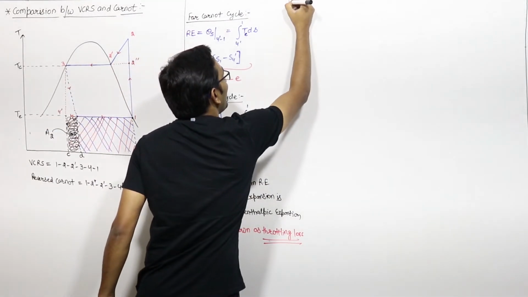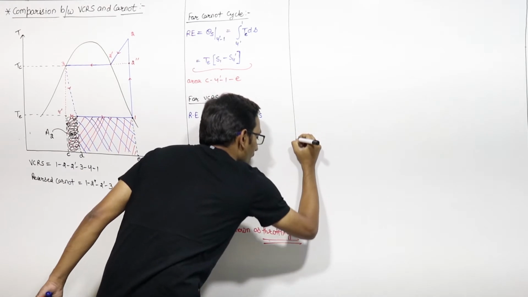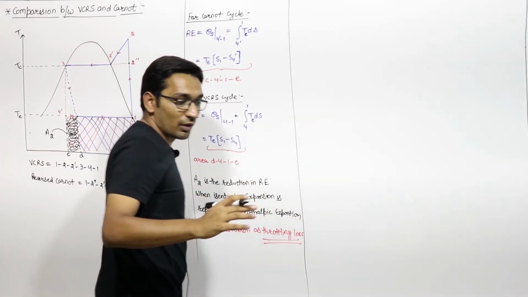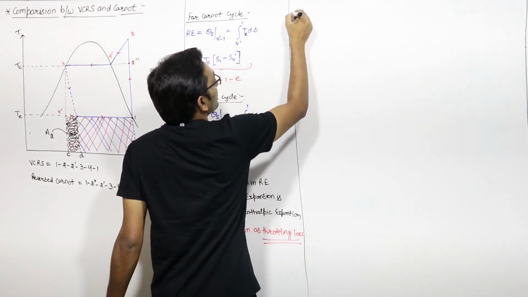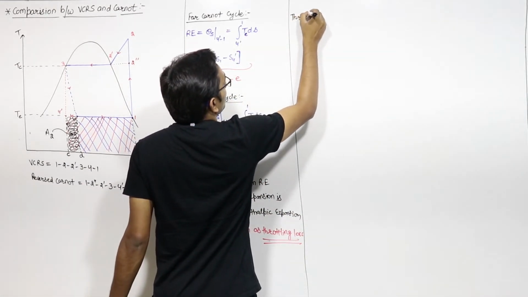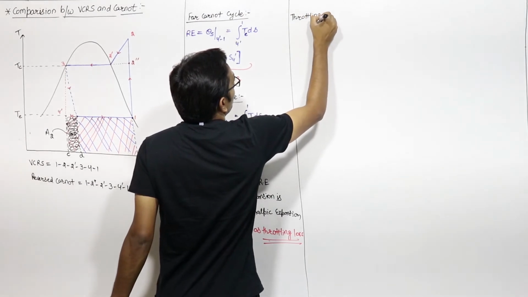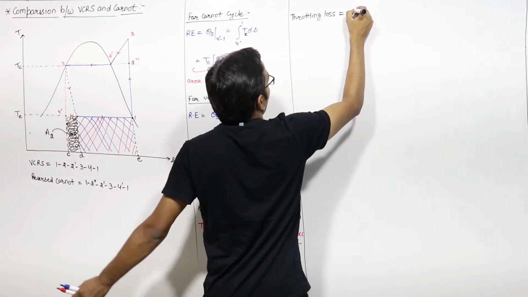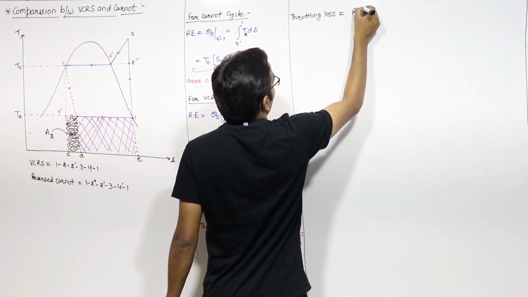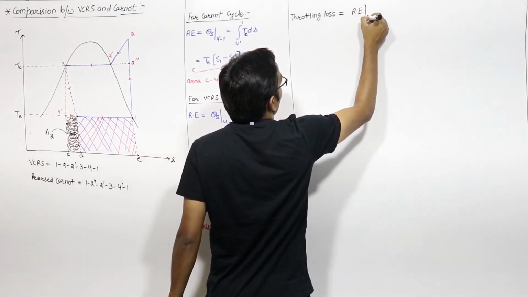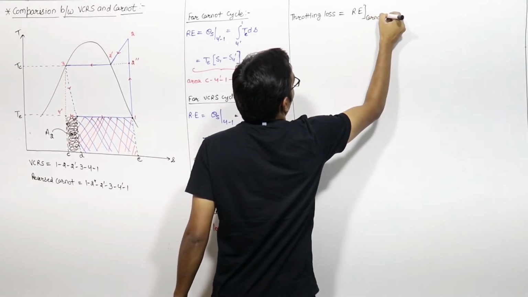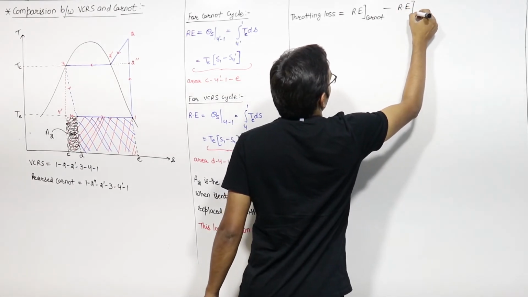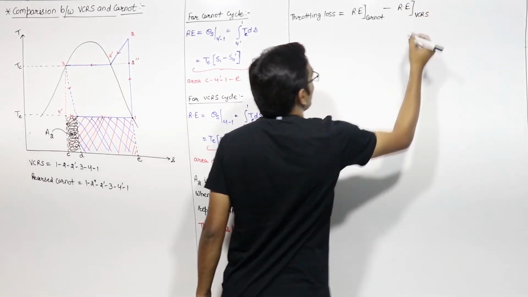So how much is the area A2? If we want to find out how much the throttling loss is, the throttling loss is equal to the refrigeration effect of the Carnot cycle minus the refrigeration effect of the vapor compression refrigeration system.